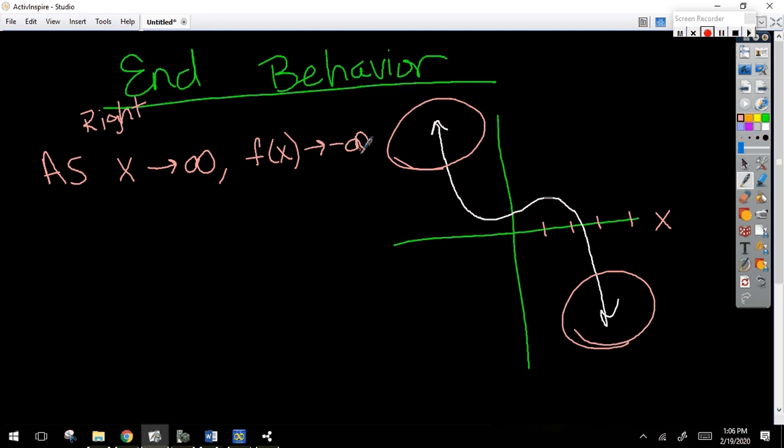This means down, because y gets bigger up and smaller down. But I told you there's two ends, so I need to describe the other end also. Now, as x approaches negative infinity, so that means on the left side of the graph, as x gets smaller and smaller, what does the graph do? Does it go up or down? So up is positive. That's the end behavior of the graph.